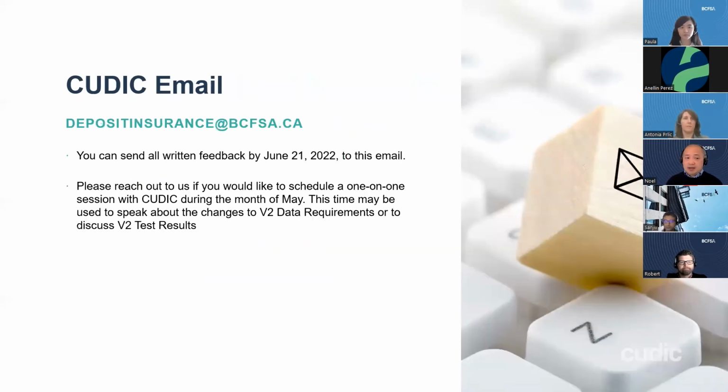All written feedback can be sent to depositinsurance@bcfsa.ca. Please reach out to us if you would like to schedule a one-on-one session during the month of May. This time may be used to speak about the changes to V2 data requirements or to discuss V2 test results.